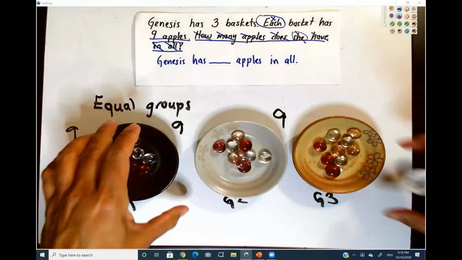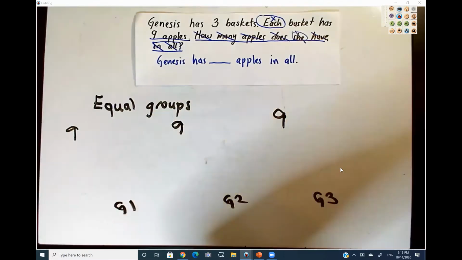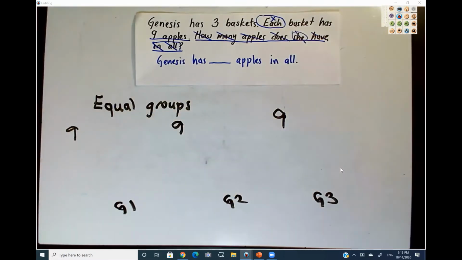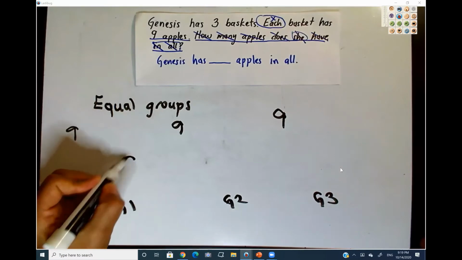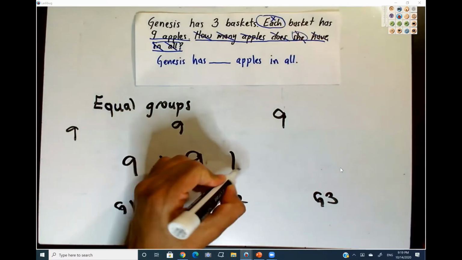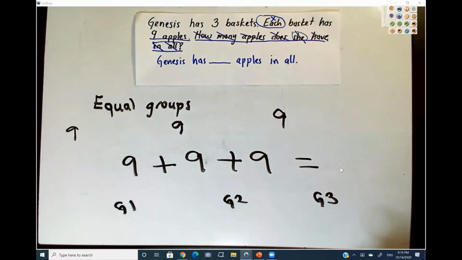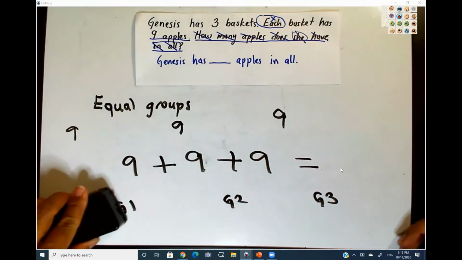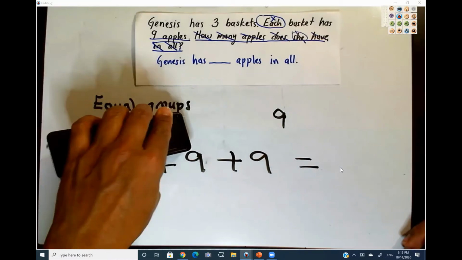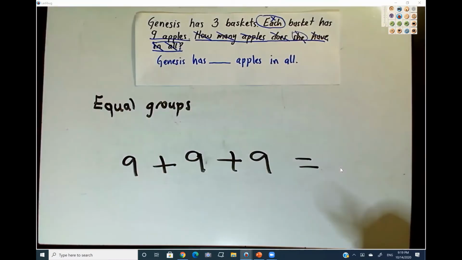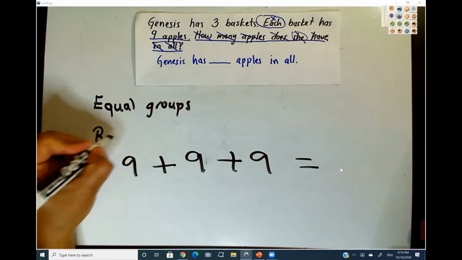So if I take the baskets away, what I have left is what I call repeated addition, because I'm going to add 9 plus 9 plus 9.